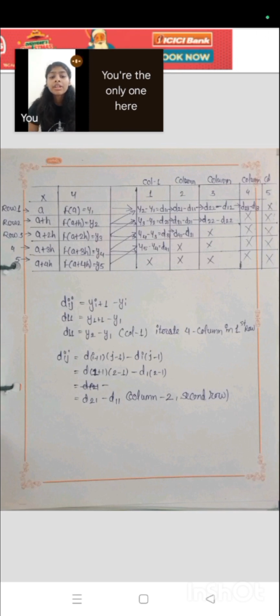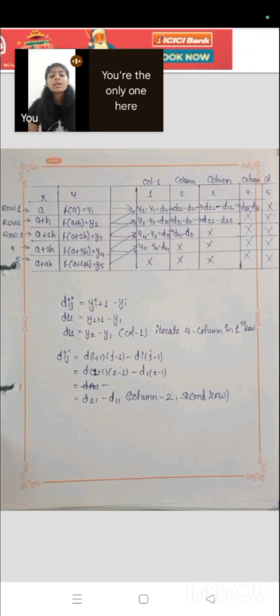So here we find the row 1 and column 1 value, the d11 value. In this way we iterate the i and j loop, and we find the whole row 1 values.